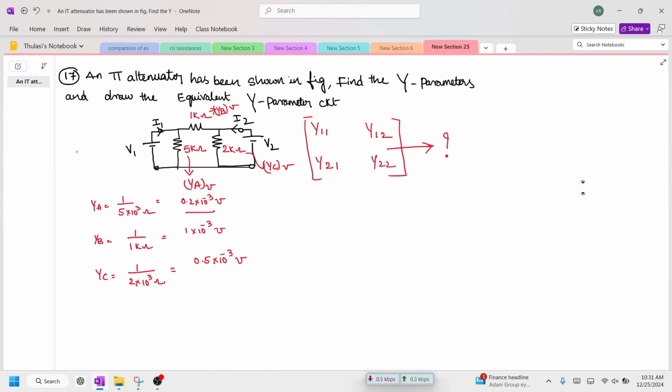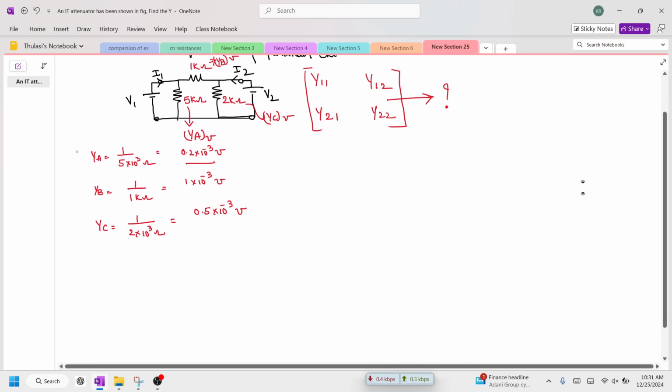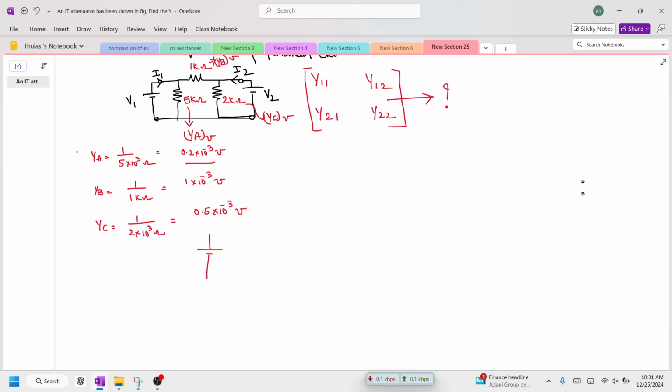So now let us verify the things with more clarity. We converted the given network into mhos and we are trying to draw the equivalent circuit. With the input voltage as V1 and the current as I1, we are going to have the admittance as YA, this as YB, and this as YC.